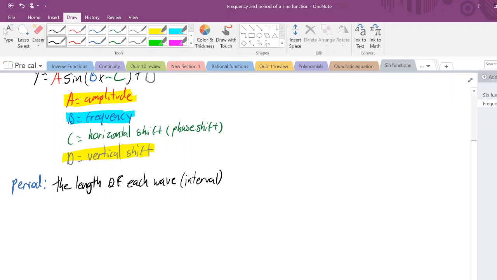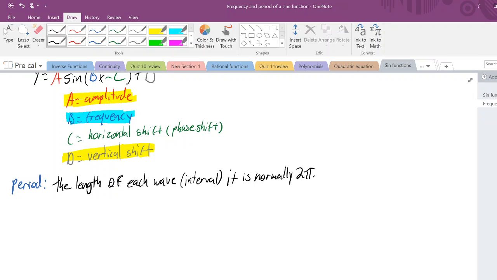It is normally 2 pi. Whenever there's nothing, when there are no numbers behind the sine, multiplying anything, it's normally 2 pi.